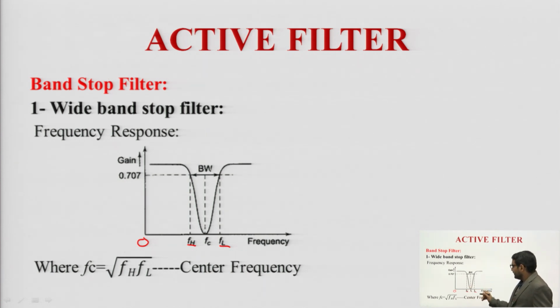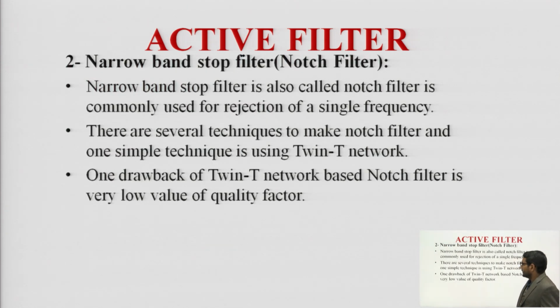The frequency where we find the minimum gain is defined as FC. FC is the center frequency, which we calculate as the geometric mean of the two cutoff frequencies, FH and FL.